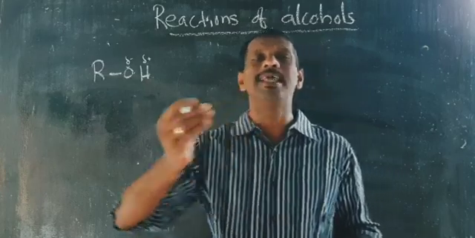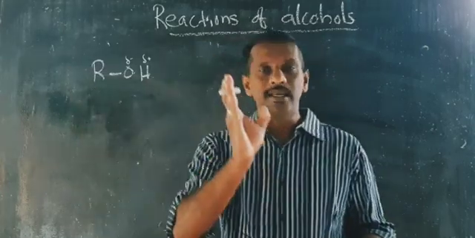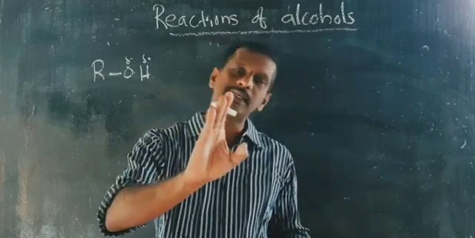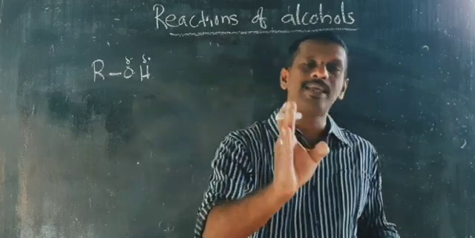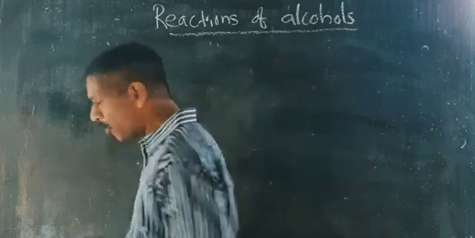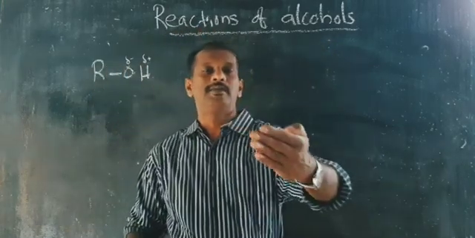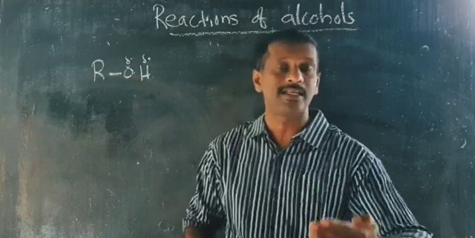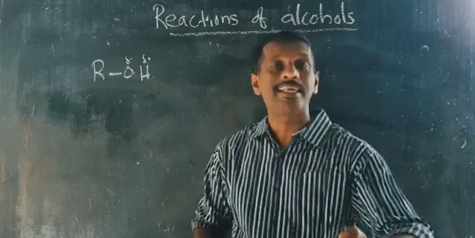If H plus is immediately removed, the acid is strong, and if H plus is very difficult to remove, that acid is weak in nature. As I told you, alcohols are weakly acidic in nature. Why?